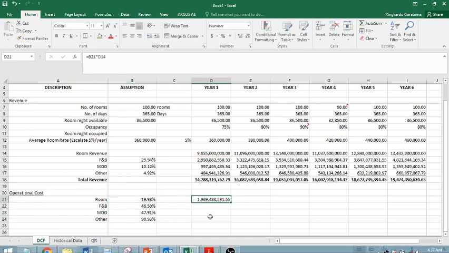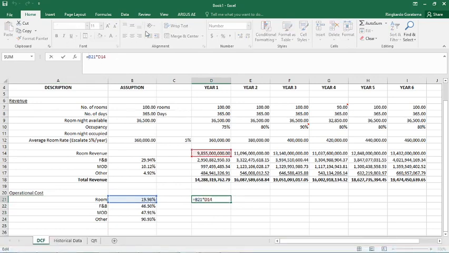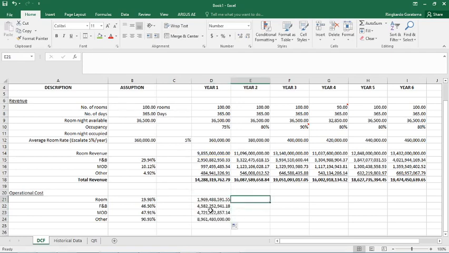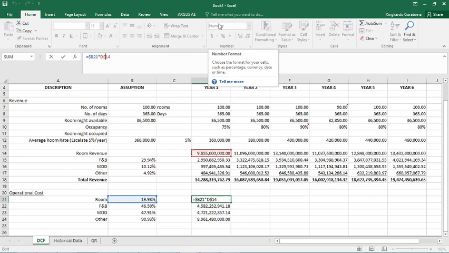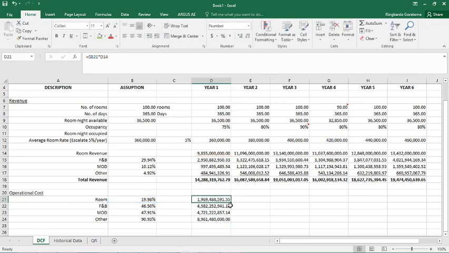Okay, I can lock this cell and also this one. So the F&B cost will be 46% of the F&B revenue. So should not lock the cell. Okay, and this is correct.